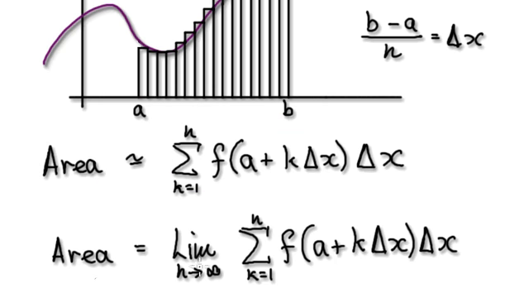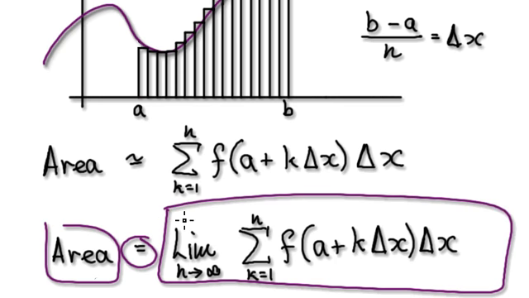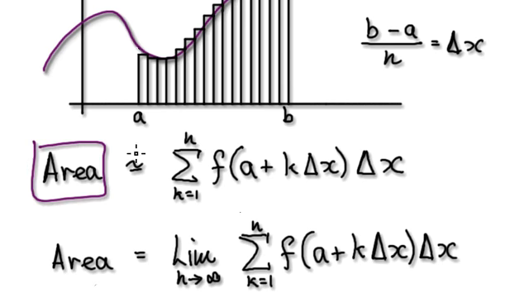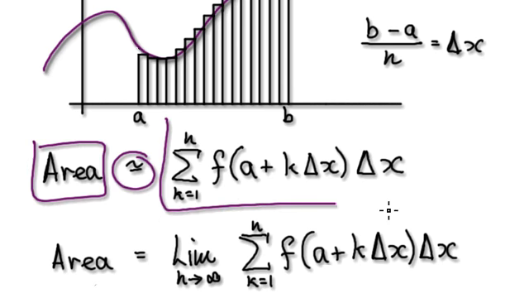But when you take the limit as n tends to infinity, meaning you have an infinite number of strips, then we can say the true area equals this when you take the limit of the whole thing. At the moment the area is approximately this.